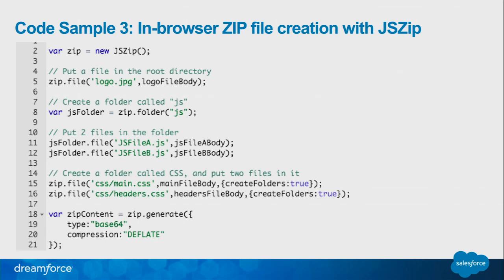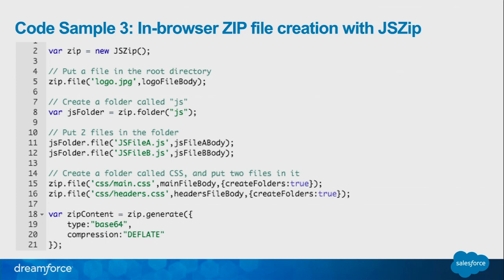So if it's in a file, like what I just did, output/main.css is accessible through /resource/testzip/output/main.css. Salesforce hosts your whole zip file structure for you. So that's a really nice benefit of working with zip files.